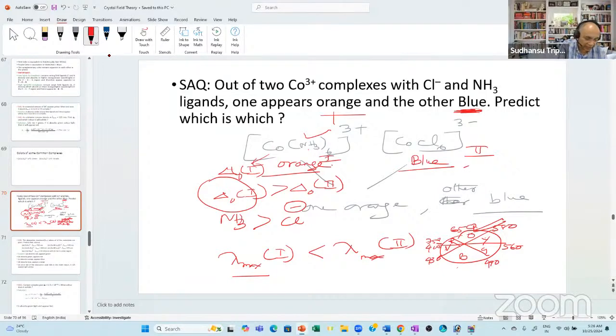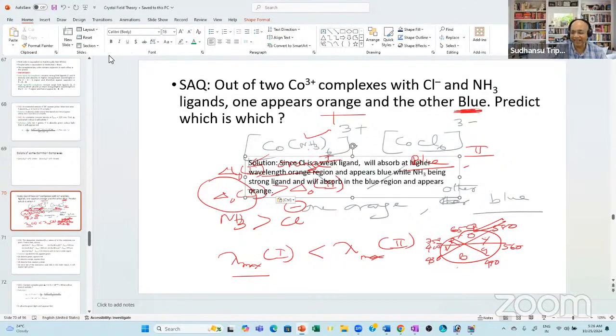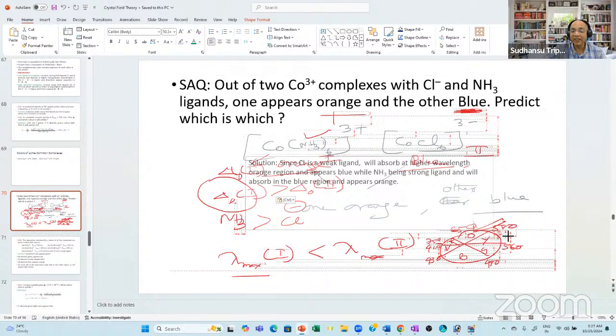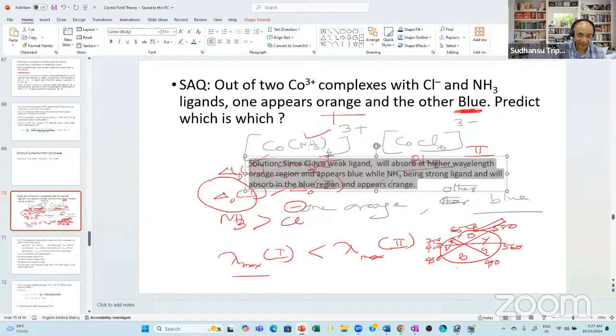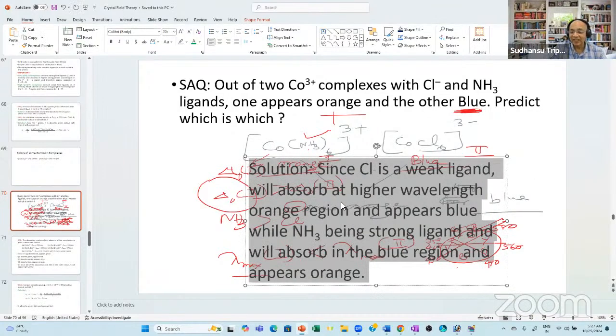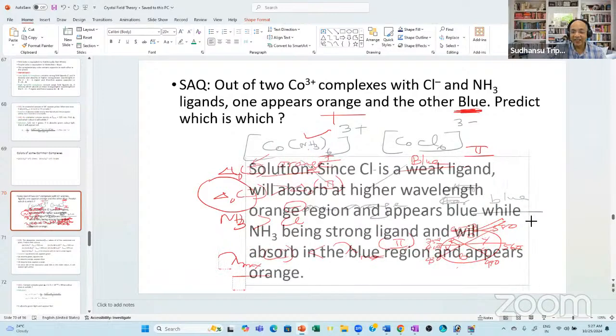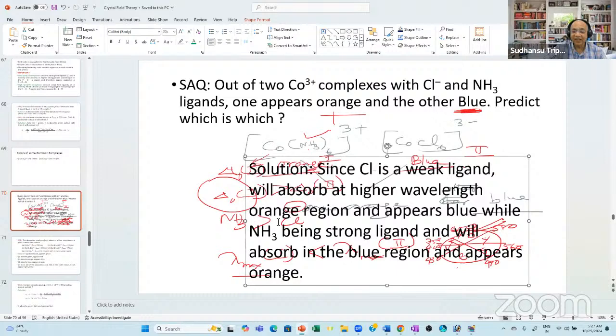So let me paste it. I deleted the answer by pressing Control X. Let me show you what I have written. And appears blue.